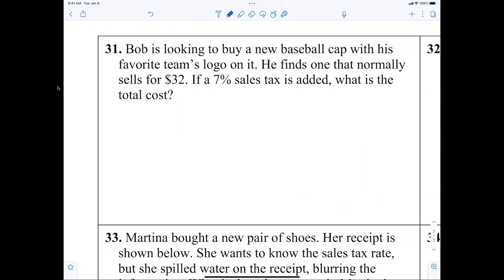All right. So Jackson, I want you to read this. Father's looking at a baseball cap with his favorite team on it. He finds one that originally sells for $32. If a 7% sales tax is added, what is the total cost? All right.